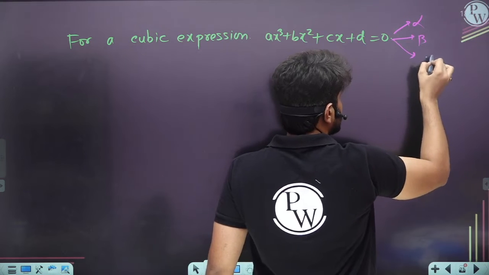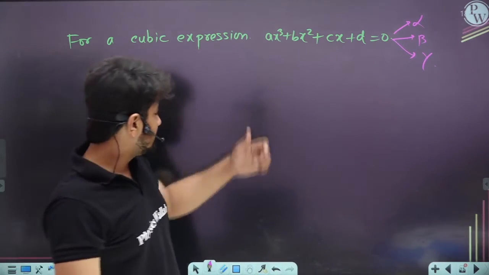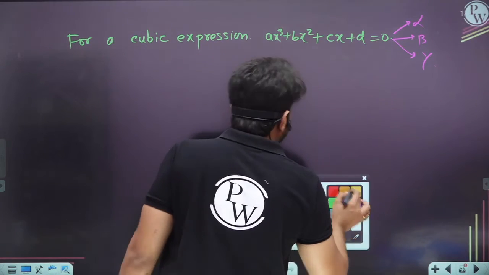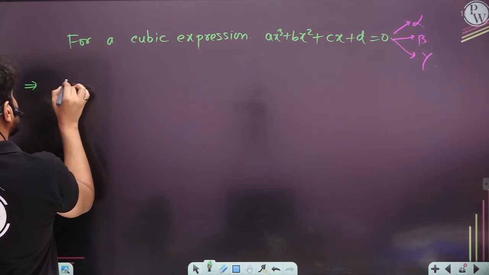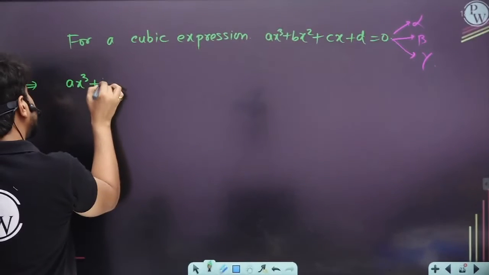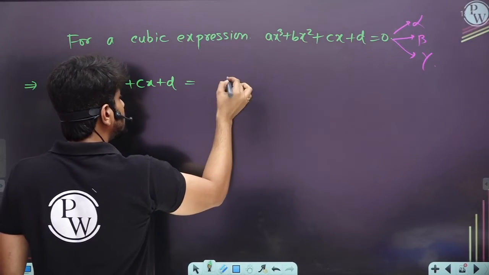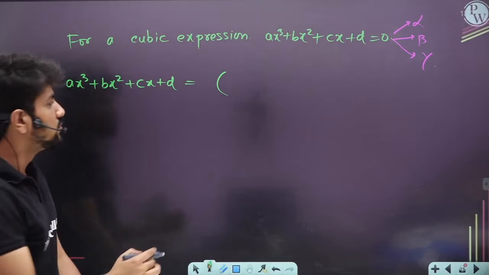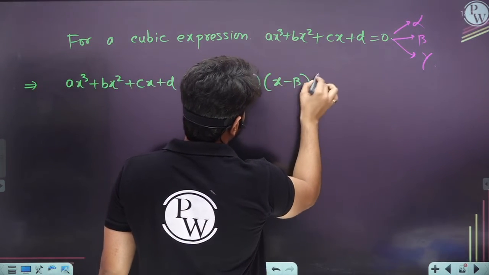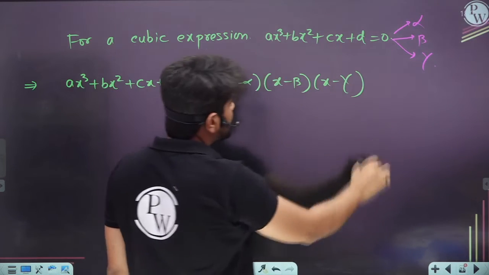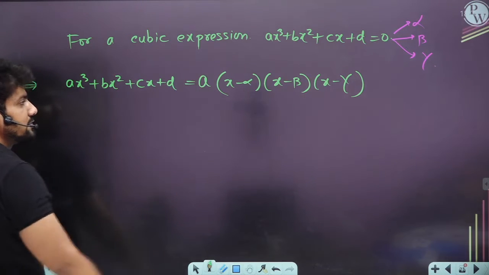This time we'll have 3 roots, alpha, beta and gamma. So now I can say this cubic ax cube plus bx square plus cx plus d is going to be equal to, if alpha, beta, gamma are the roots, then x minus alpha, x minus beta and x minus gamma are going to be its factors, and a is the leading coefficient.